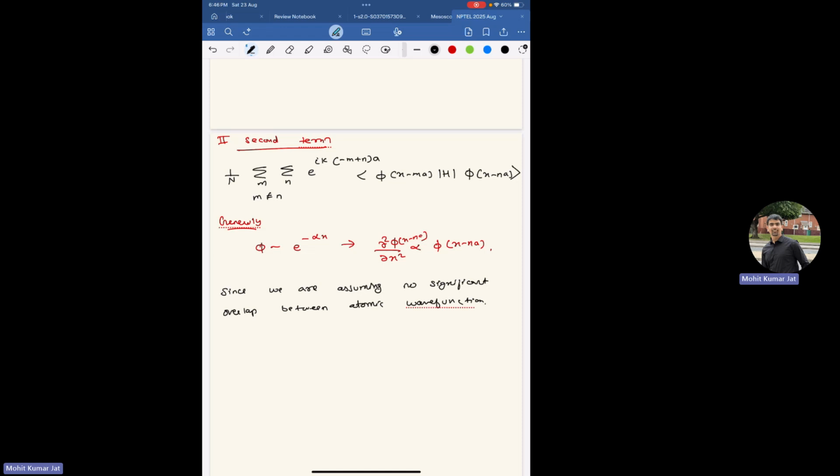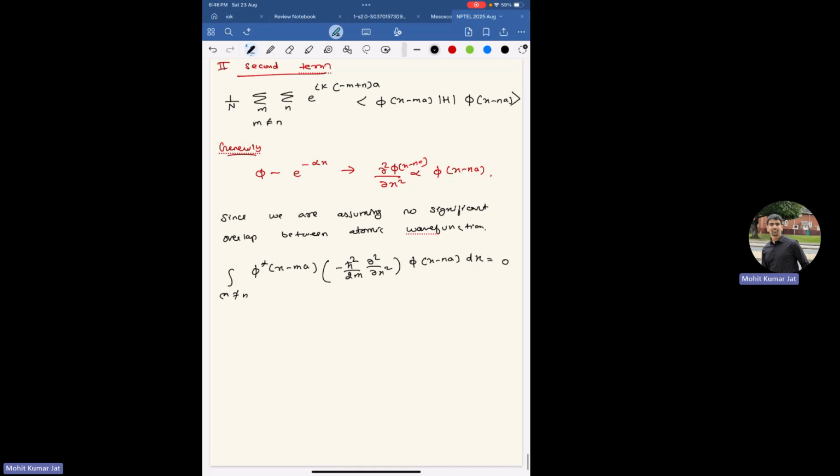This implies for m not equal to n, the integral of phi star x minus ma, minus h bar square by 2m del 2 by del x square, phi x minus ma dx will be equal to 0, right?